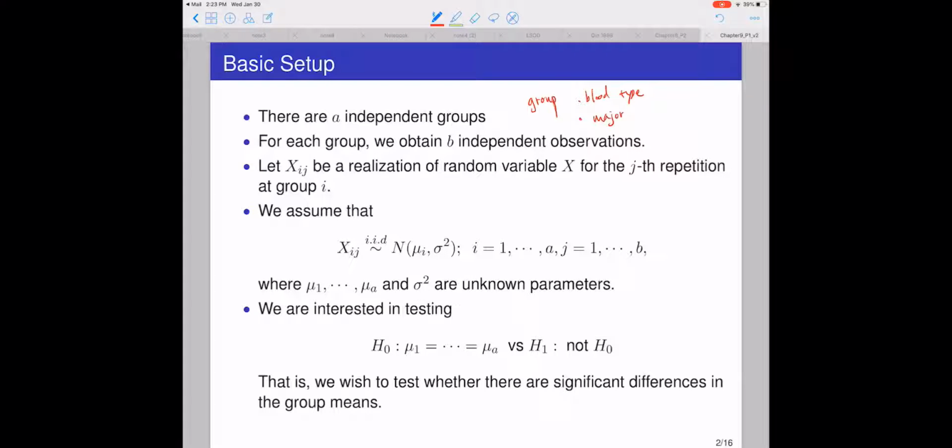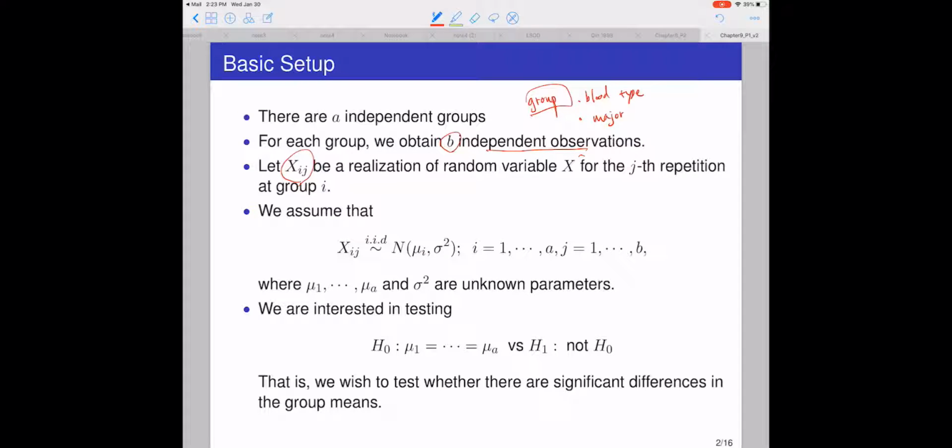If it's a student, then math major, physics major, things like that. So that could be another example of group. Anyway, for each group, we obtain B independent observations, and so we use Xij, a realization of a random variable X for the j-th repetition at group i.